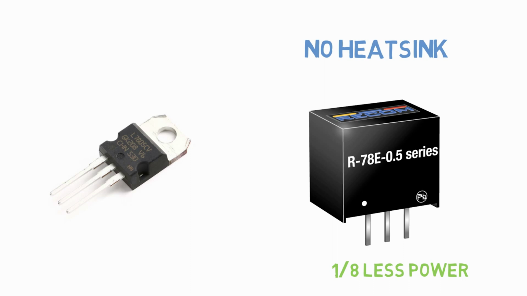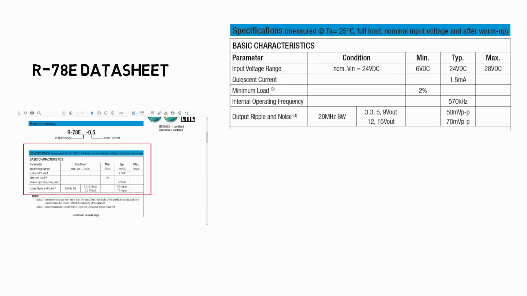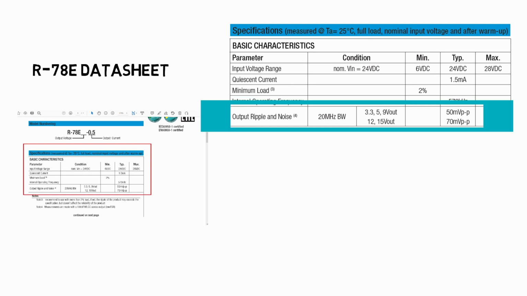At first, this seems like an amazing benefit, and you may wonder: if switch mode power supply devices generally feature higher current output capabilities while having a lower quiescent current, then why would you bother with linear regulators at all? Well, the answer lies in the data sheet. If we look at the R-78 data sheet, we'll see that there is an output ripple and noise associated with such devices.